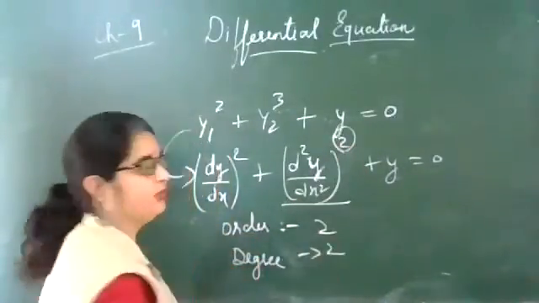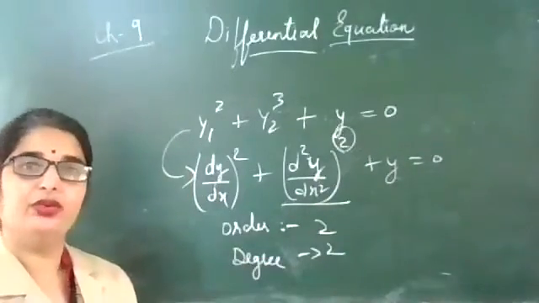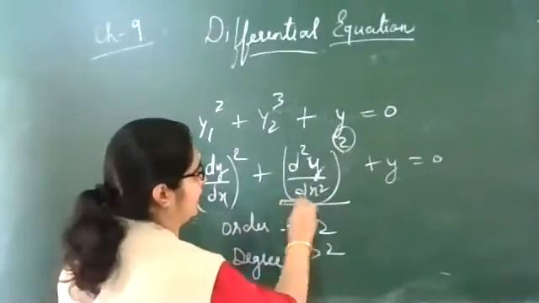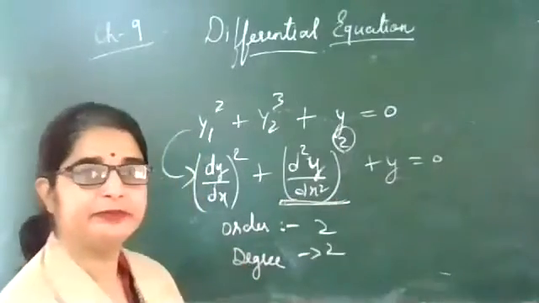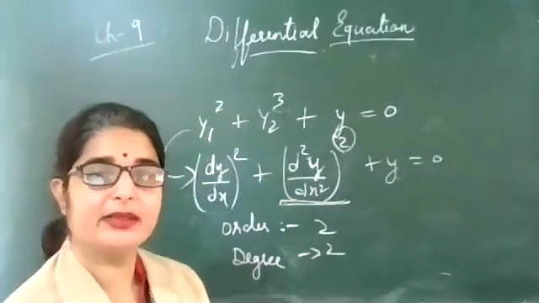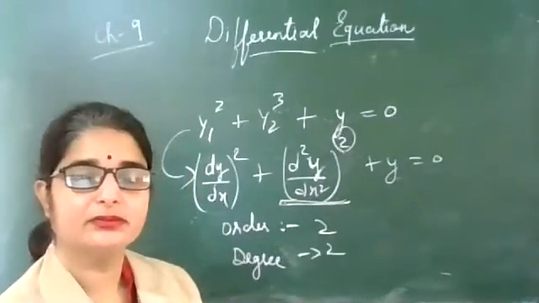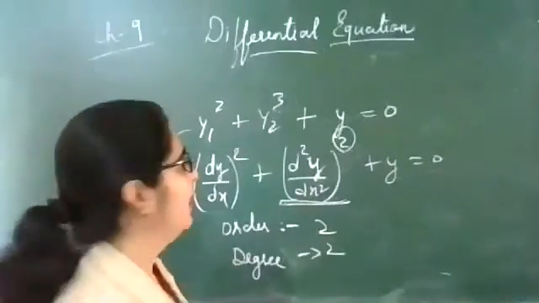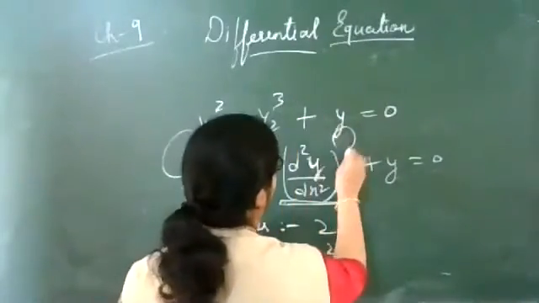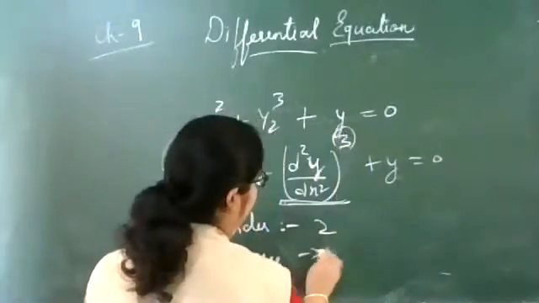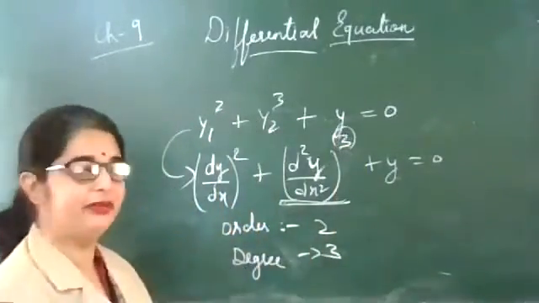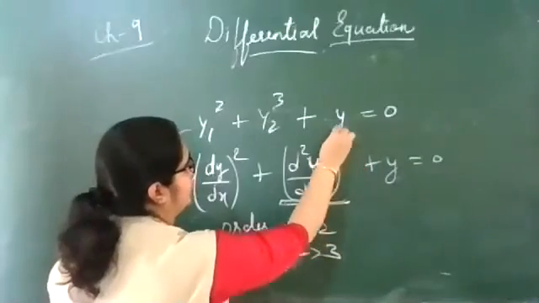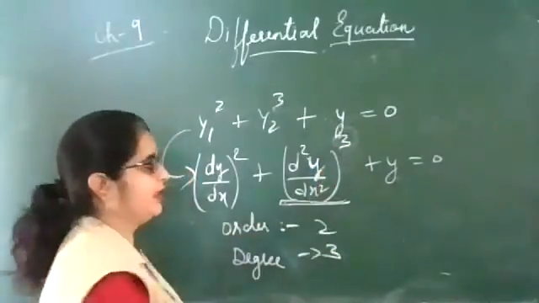A student answers that if it is cube here instead of square, then it will be 3.